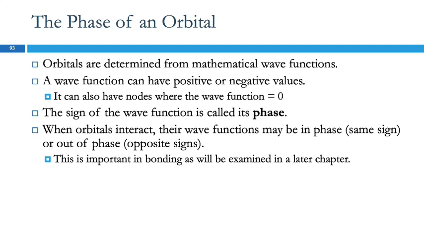Those orbitals are found from mathematical wave functions that are solutions of the Schrodinger equation. Wave functions can have positive or negative values. We say they can have a phase. They can be in positive phase or negative phase. And when two orbitals interact, they may be in phase or out of phase, and that becomes important in bonding.